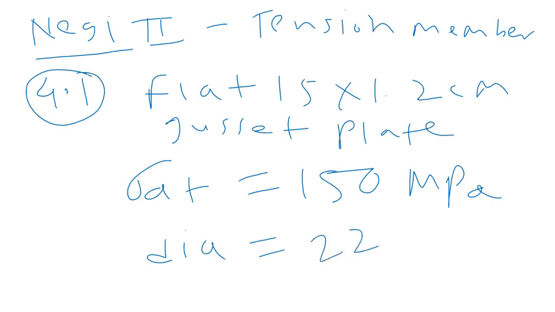So let's try to solve this problem and find out how much maximum force will be transferred by this tension member under the given two conditions. Condition A is the case of chain riveting, and the diagram for this will be like this. This is the flat, and this is the gusset plate to which it is connected, and there are two chains of rivets.